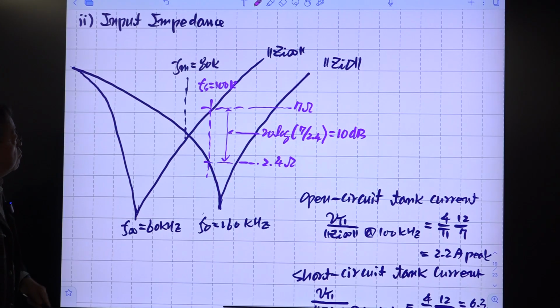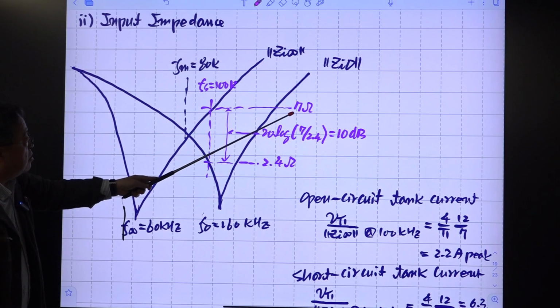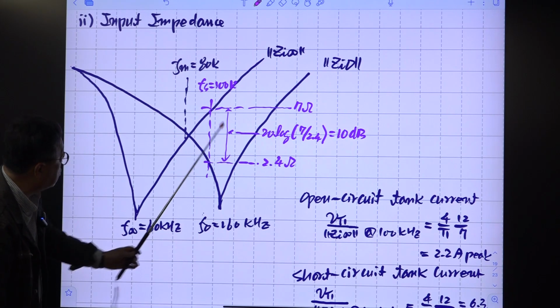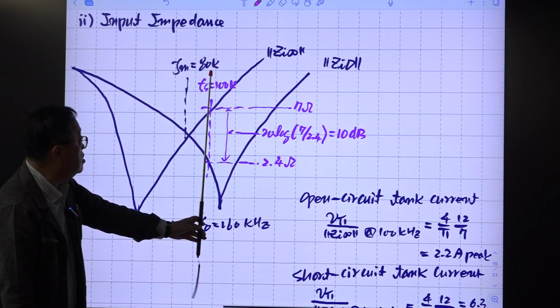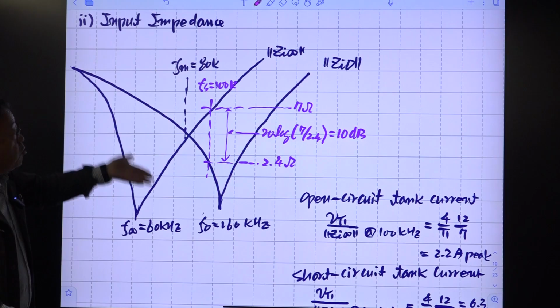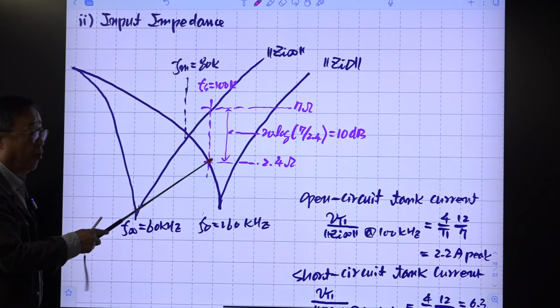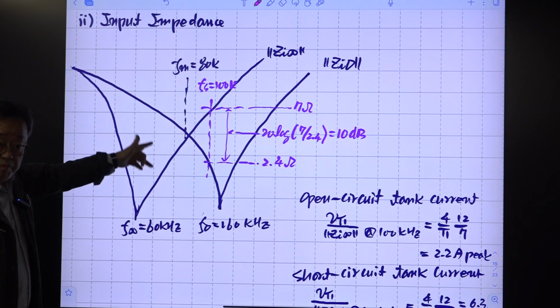So I evaluate this at the switching frequency. Switching frequency is 100 kilohertz. You may plot the whole curve and just look at this point, or you evaluate this one.